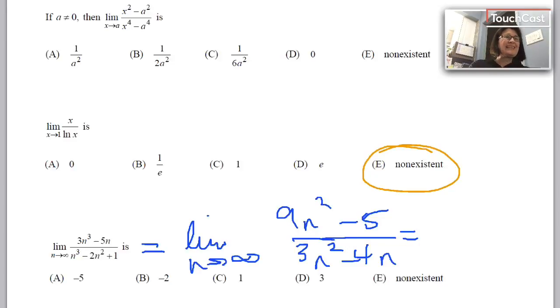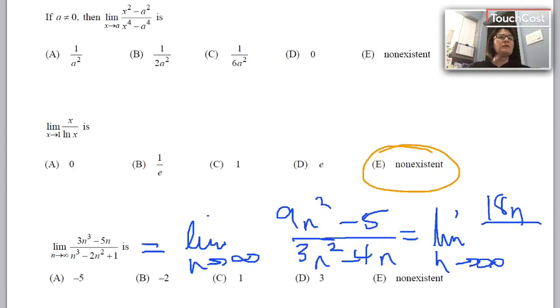You can see the pattern that's going to keep going. You can see the term that's going to dominate too. If you still decide that that's the fastest way to do this problem, just know that we will need L'Hopital's rule for some of the other stuff that's coming up in chapter 9. So here, that's the same as the limit as n goes to infinity of 18n over 9n minus 4. You can see where this is headed. That's going to give me an infinity over infinity problem again.